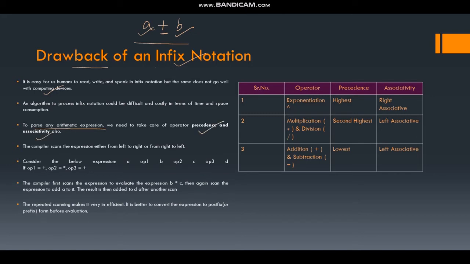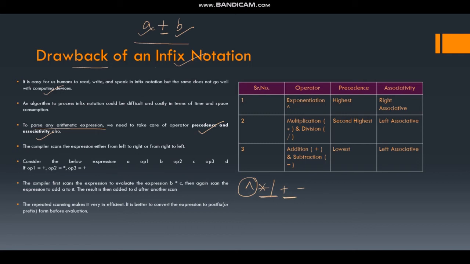So there is a precedence and an associative table given on the right hand side on the slide, where we have 5 operations here, that is an exponential, multiplication, divide, a plus, and a minus. According to this table, exponential has the highest precedence when evaluating the expression, followed by the second highest precedence of multiplication and divide, followed by the lowest precedence, that is of the addition and the subtraction.